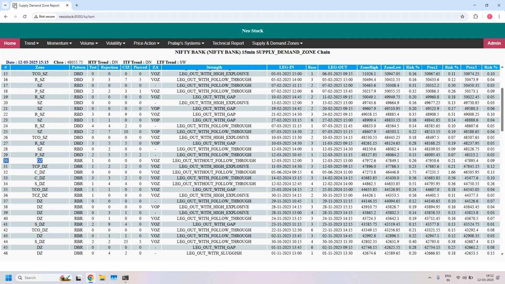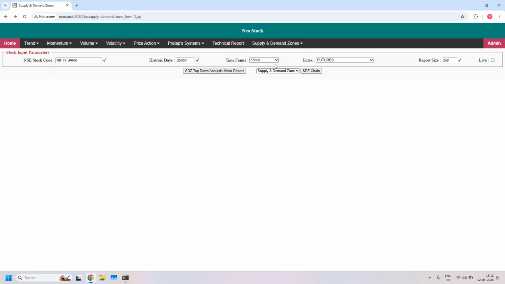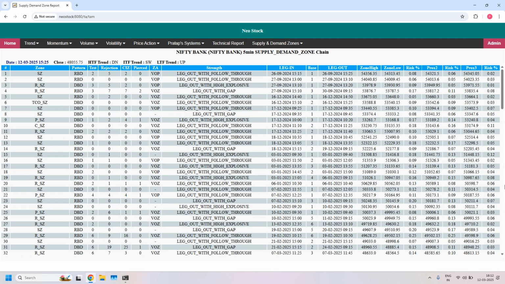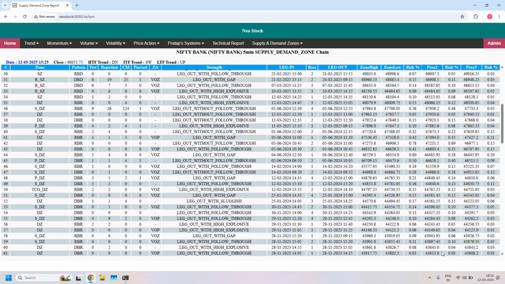Okay, next, 5 minutes supply demand zone chain for BANKNIFTY. All are supply zones. I'm scrolling the list down. The nearest demand zone to the current closing price is 35.